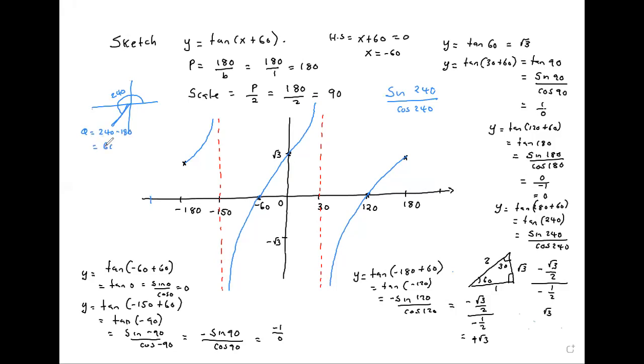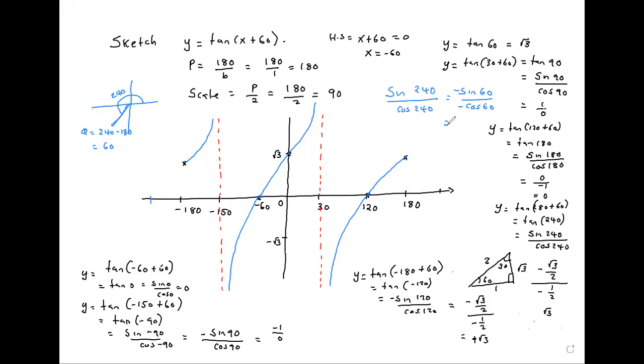So we'd get 60 there. So that we deal with sine 60 over cos 60. But due to the nature of the quadrant, sine is negative there. So we put a negative before we evaluate. Cos is negative in that quadrant. We put a negative before we get what they are.